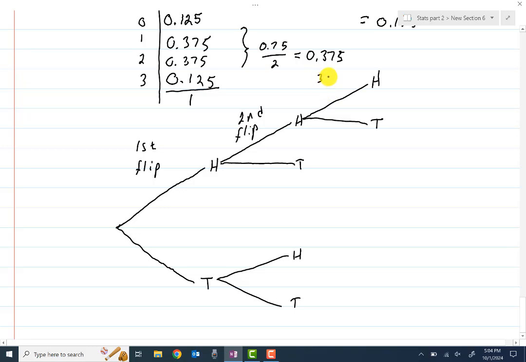And this is my third flip. Now what you want to be able to do is trace and remember how you got to these endpoints. So if you look, in order to get to this spot up here, I had to have 3 heads in a row. So that's the outcome of heads, heads, heads. Here then, I have heads, heads, tails. Then let me continue.